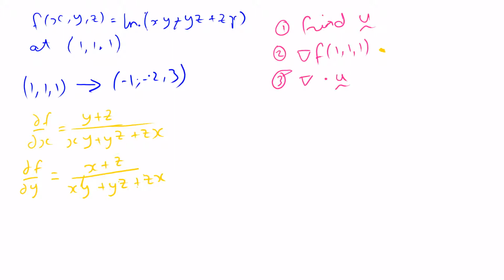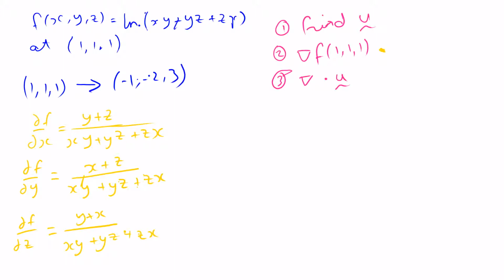The final thing we're going to need is the partial derivative with respect to z, which is going to be y plus x divided by xy plus yz plus zx. So now we've got these key points, we can start with our steps properly.